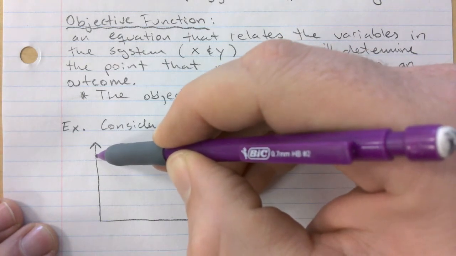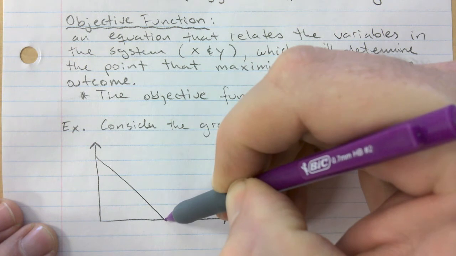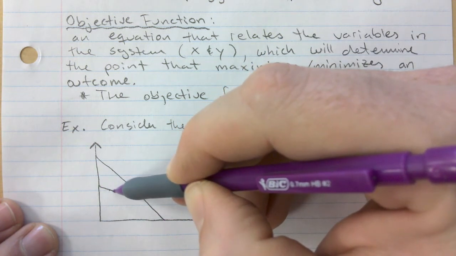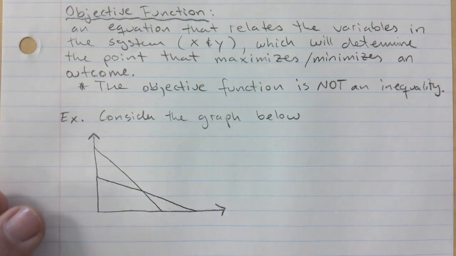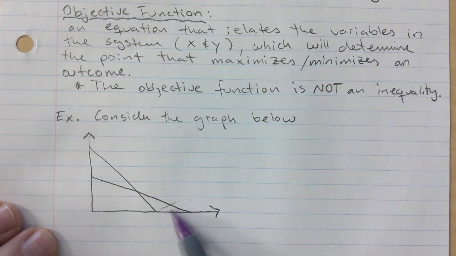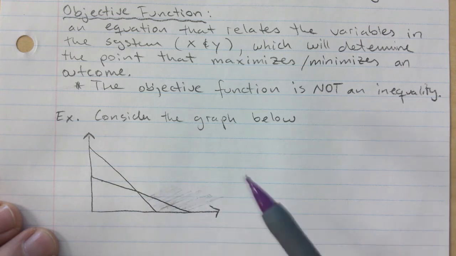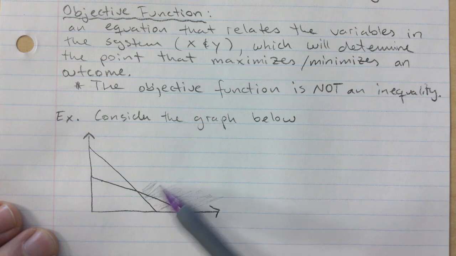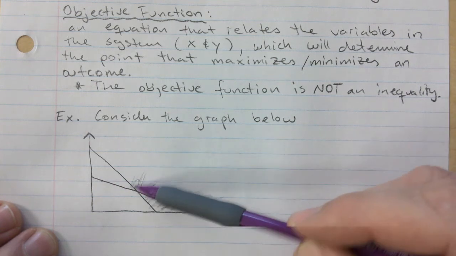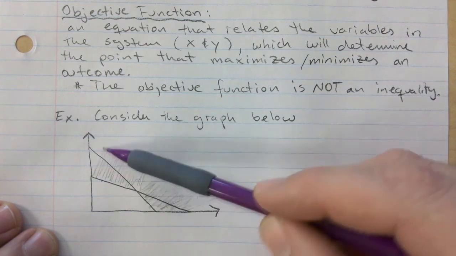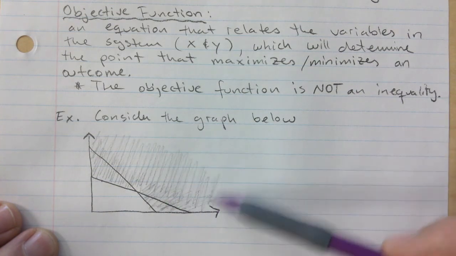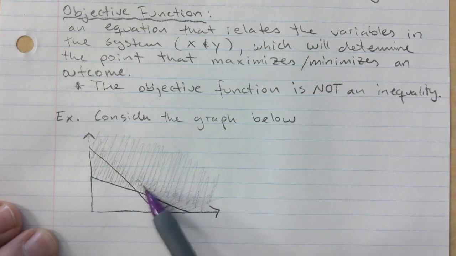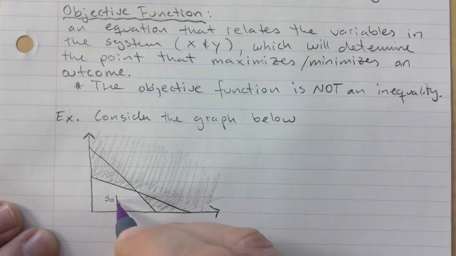And let's say you have a line coming down this way and another line that cuts through it and goes this way, right? And what we're going to do is we're going to shade everything, but we're going to leave this area as our solution region. Okay, so this is our solution here.